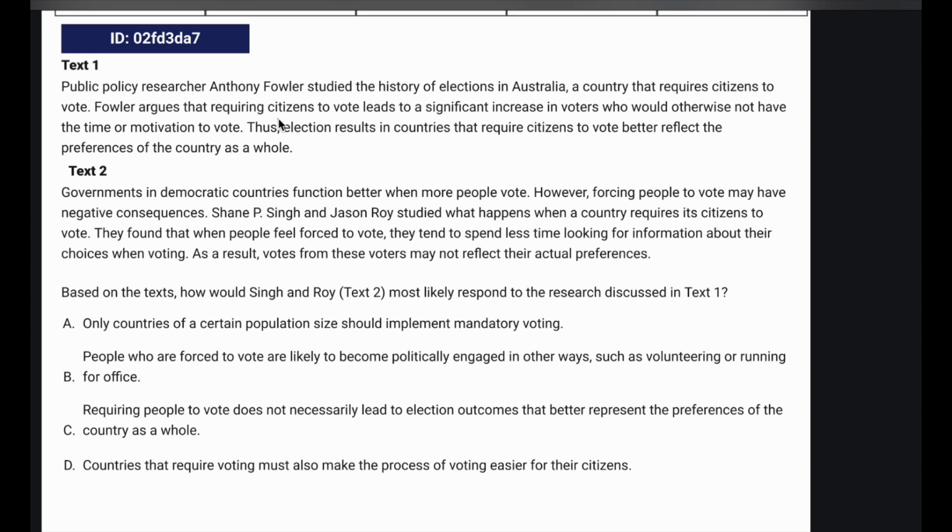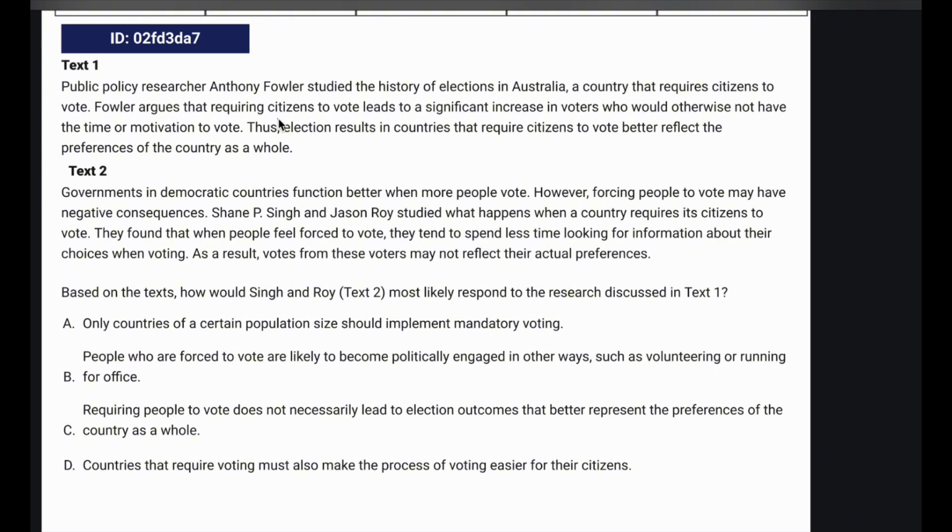Thus, election results in countries that require citizens to vote better reflect the preference of the country as a whole. Shuning uchun ham ovoz natijalari majburlaydigan davlatlarda nimani ko'rsatar ekan? Preferences o'zbekchasiga nima deydi?